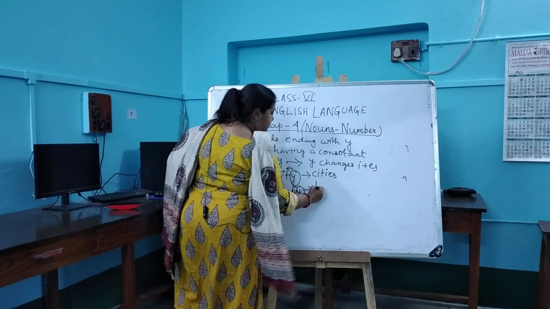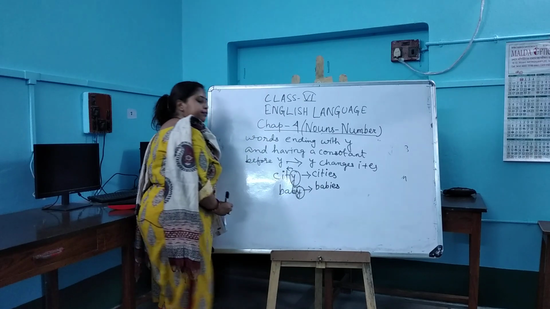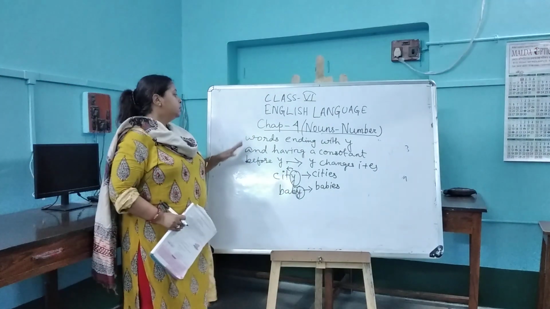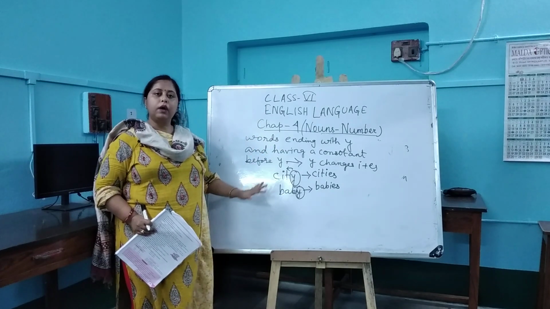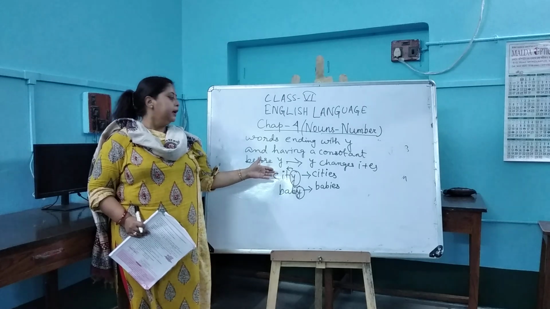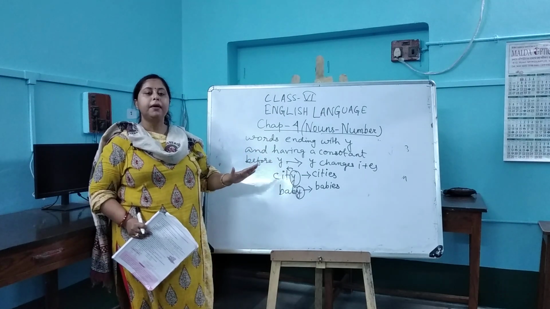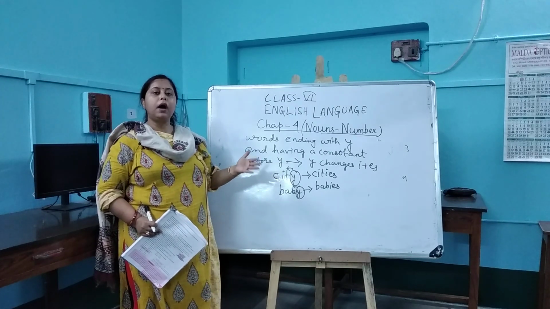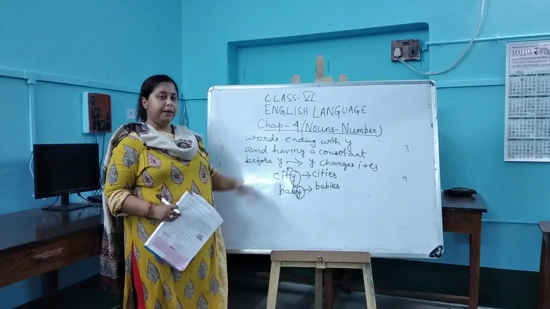So what will change? B-A-B-I-E-S, babies. Okay. Now the words ending with y and having a consonant just before the y, we change the singular form to plural form by changing the y into i and adding es, like city, cities, baby, babies.